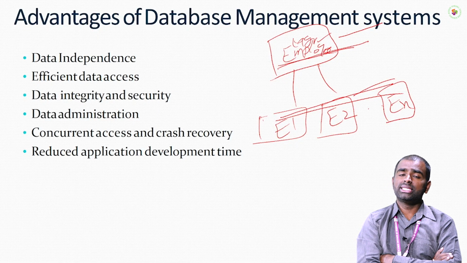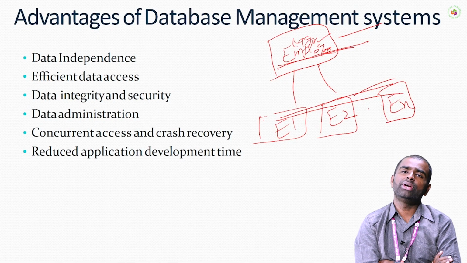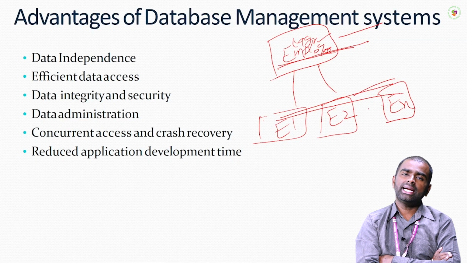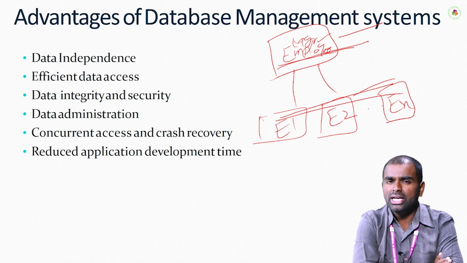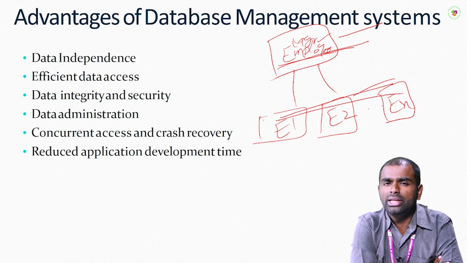This also we will see in further classes in depth along with examples. Concurrent access is a very much needed feature. In present days, without concurrent access we cannot do anything.